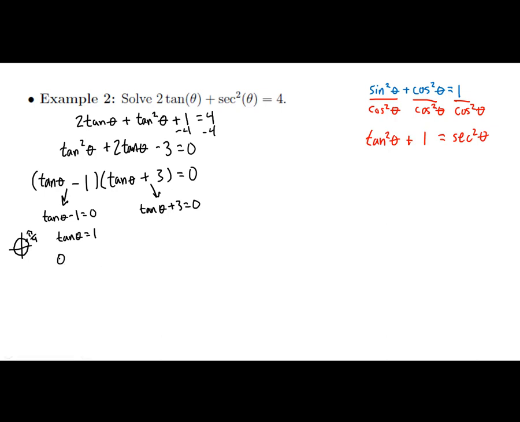I can say theta is equal to pi/4, and let's remember that the period of tangent is not 2 pi, it's just pi, right? So we're going to say plus k pi. And you know that, of course, they're also going to be equivalent at 5 pi/4, right? Where it's -√2/2 and -√2/2. And, of course, adding pi to pi/4 gets you 5 pi/4. All right, so this encompasses all the solutions produced by this particular factor.